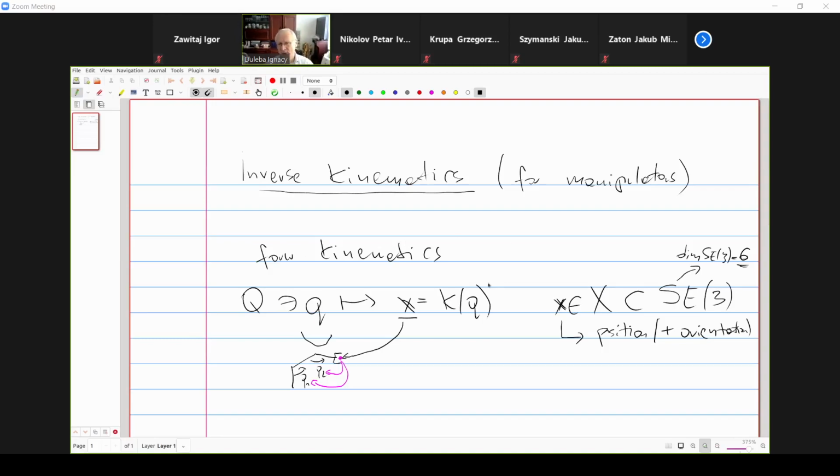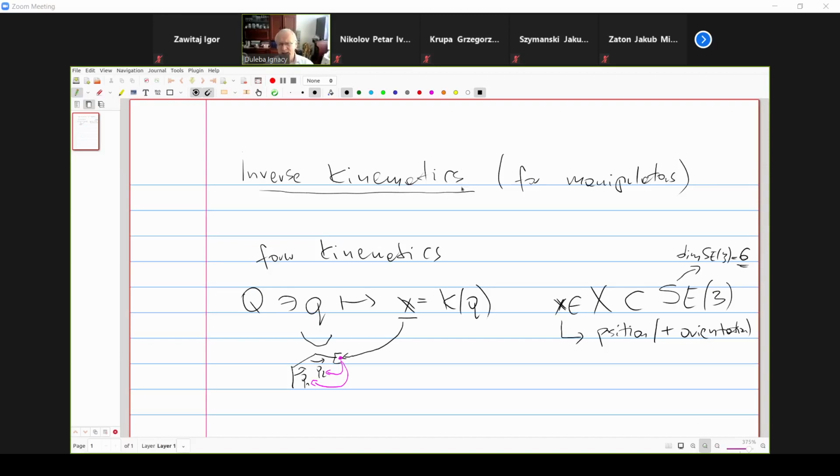Because finally we will obtain a closed form formula to describe position and orientation. And forward kinematics means just to plug appropriate data into the equations, and finally we will obtain position and orientation. So it is very simple and very technical.